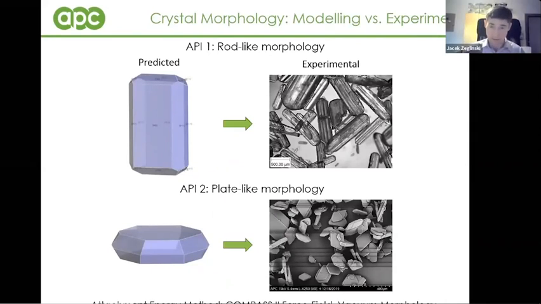So we are able to use it to predict the morphology of the crystalline particles. Those predictions are considered in vacuum, but still, very often they reflect the experimental morphology, which is nice to see. There are some exceptions, but in most cases we see a nice match between the predicted and the experimental morphologies.